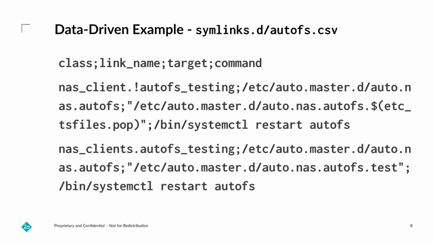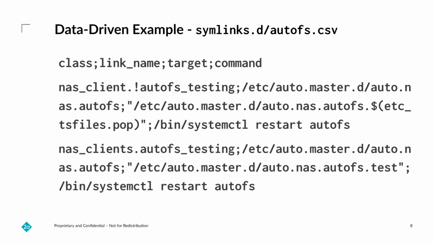In the example on the screen, this is our CSV. I call it a CSV file. It's absolutely not an RFC compliant CSV file that manages AutoFS. And this is just a subset of what's in there.